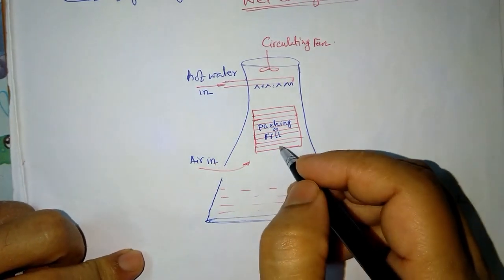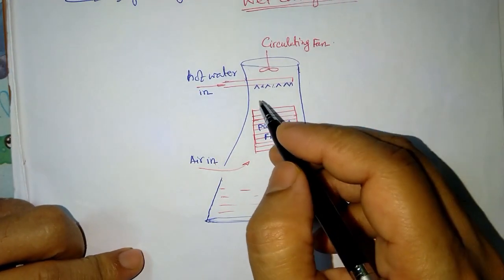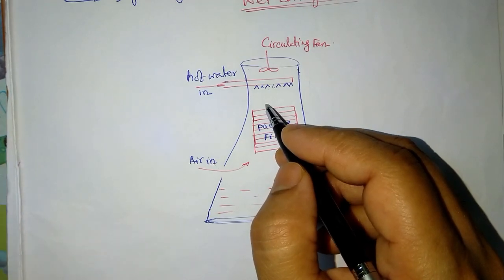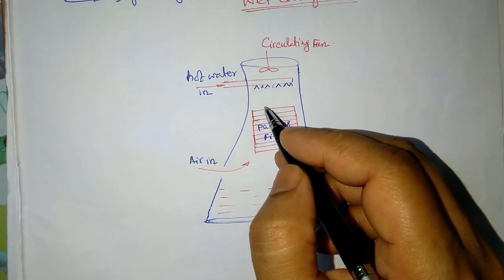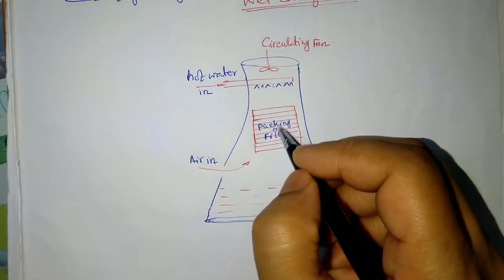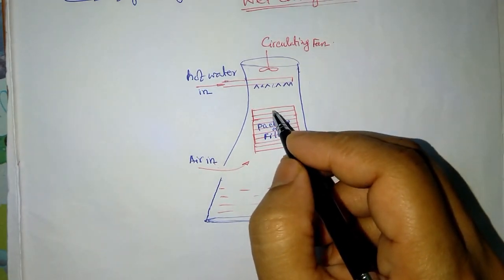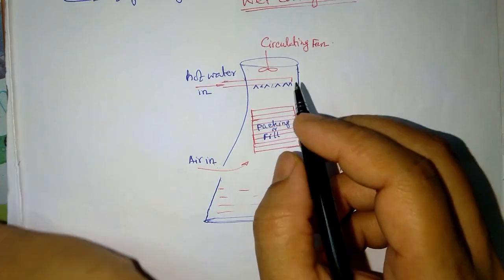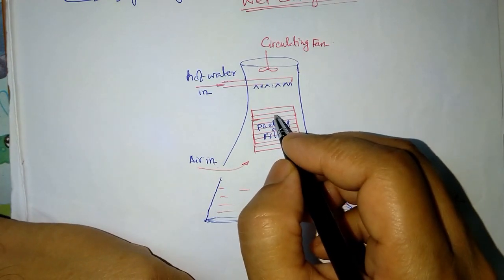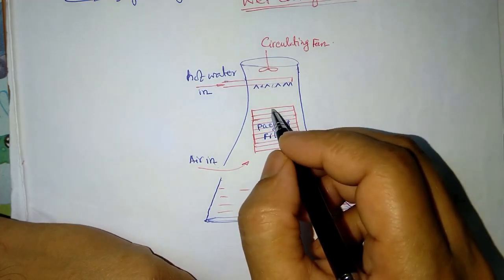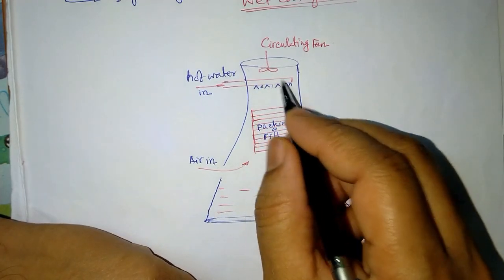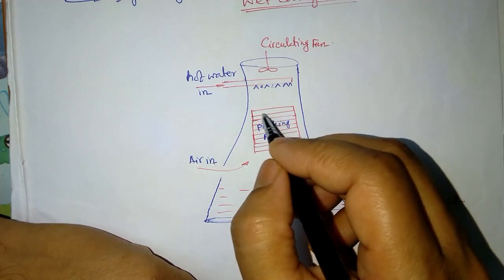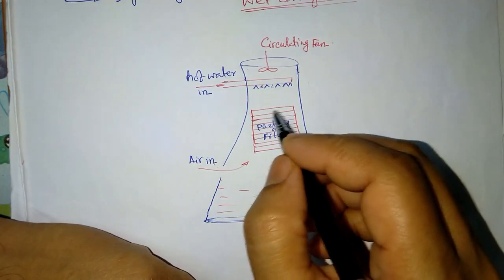Okay, so due to that some of the water particles will evaporate, and that moisture will go into the atmospheric air. The water molecules evaporate, and the latent heat of evaporation is taken from the hot water. So the temperature of the hot water is decreased, and it becomes cold water.